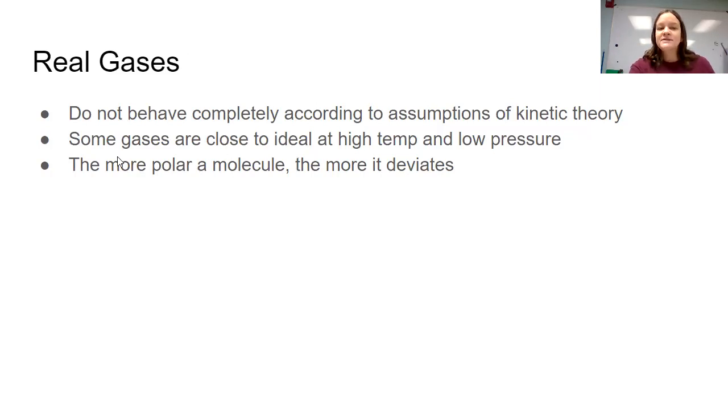So there are a handful of gases that, if you get them at very high temperatures and low pressure, get close to behaving like an ideal gas. At lower temperatures and higher pressure, they would be very far from ideal.